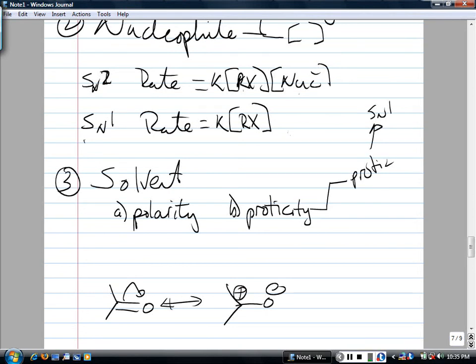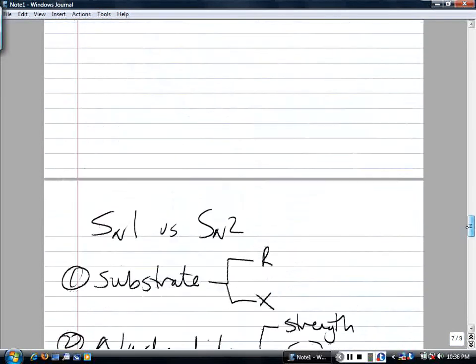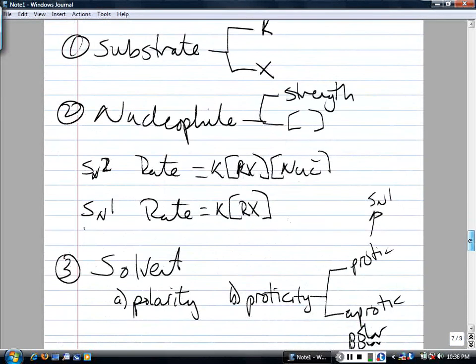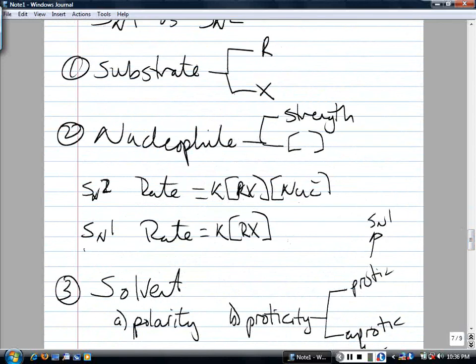It turns out to be equivalent, but it's not quite the same. Whereas an aprotic but polar solvent would tend to encourage the SN2 reaction. Okay? So I have a list of several factors that will affect the partitioning of a reaction between SN1 and SN2.